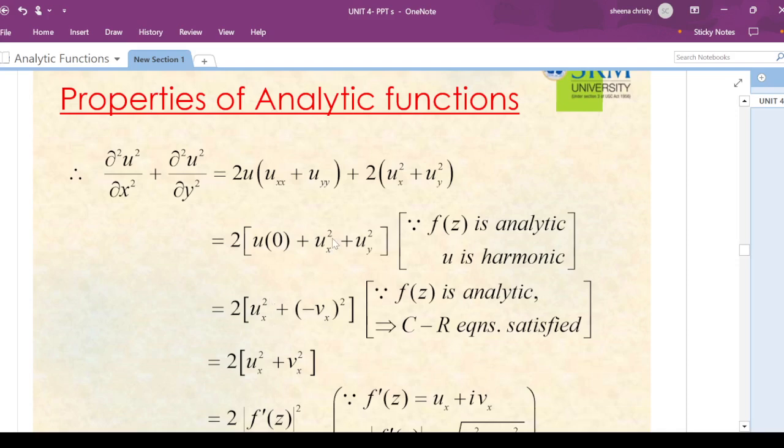So the first term is going to be 0, ux square, and by applying the Cauchy-Riemann equation, ux equal to vy, uy equal to minus vx, so minus vx the whole square. Therefore, from this, you are getting 2 times ux square plus vx square. What is this?